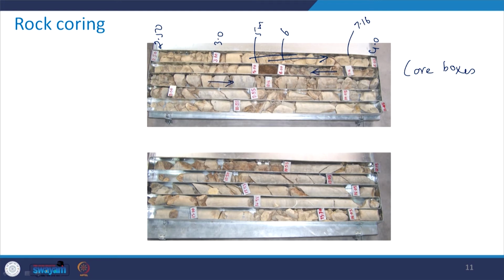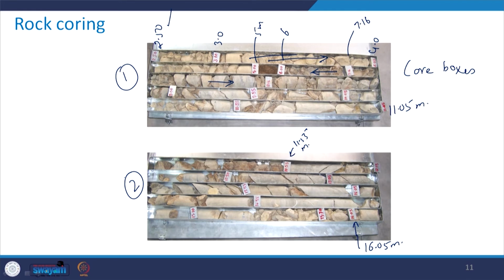In this core box, whatever was retrieved from the ground from the depth of 2.5 meter to 11.05 meter has been arranged exactly in the same order. Then the second one, here it is 11.55 meter and so on. This finishes at 16.05 meter. So this was the first core box, this is the second one.